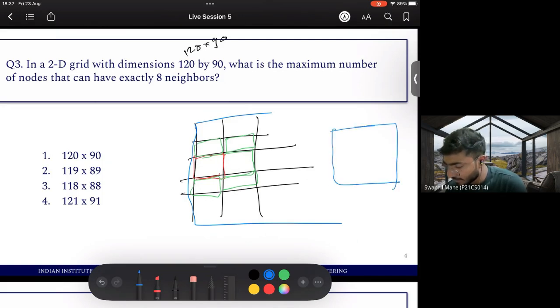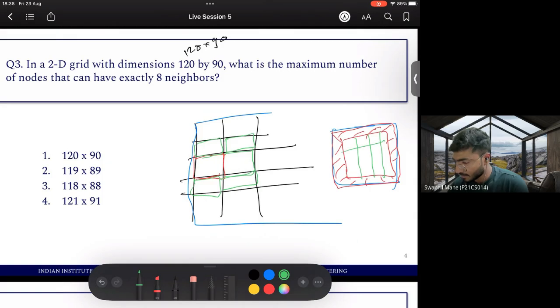In this final grid, the boundary cells do not satisfy this condition. Only the cells in between satisfy the condition.